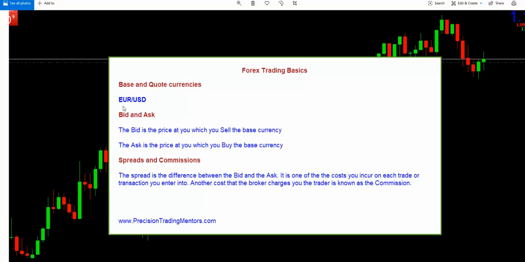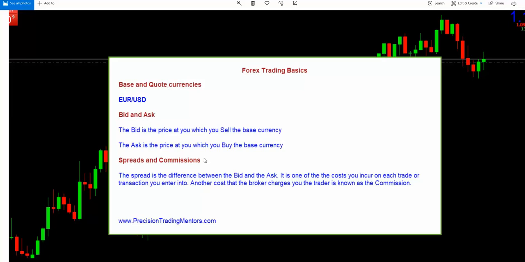You'll be buying the euro USD, which basically means you are anticipating that the value of the euro is going up against the dollar, so you would buy. But if you think it is coming down, you'll be selling. So this, in a nutshell, is the difference between the base and the quote currencies.